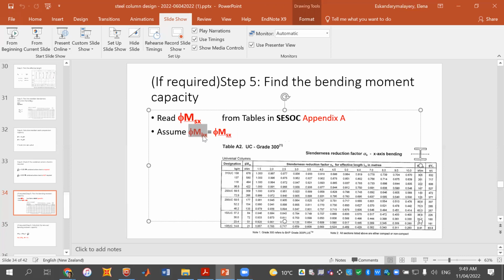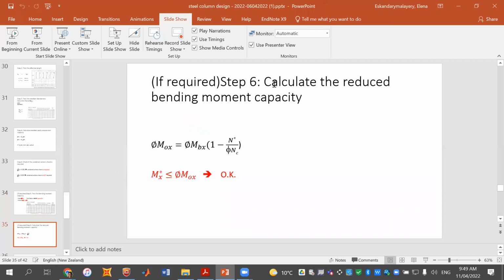We just want to ignore that, and we consider that bending moment capacity equals the section moment capacity to simplify this part. So after this, you need to calculate the reduced bending moment capacity of the member, which is phi Mo x, which equals phi Mb x times 1 minus N star over phi Nc.